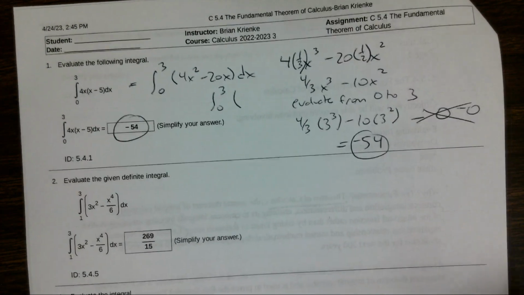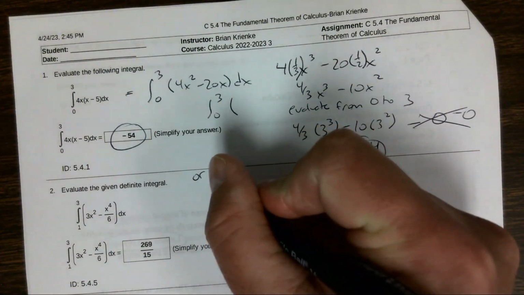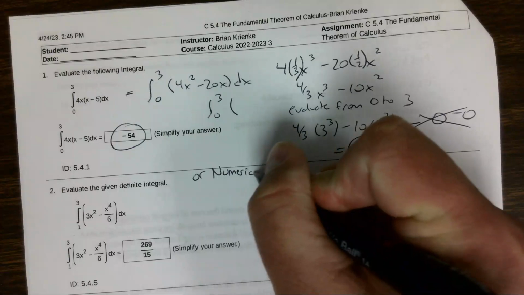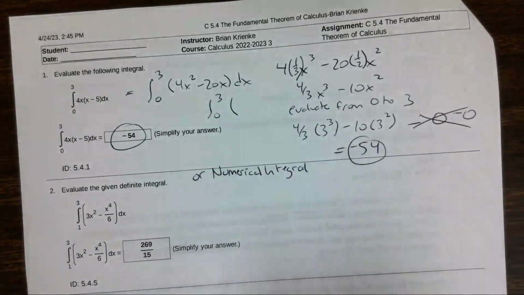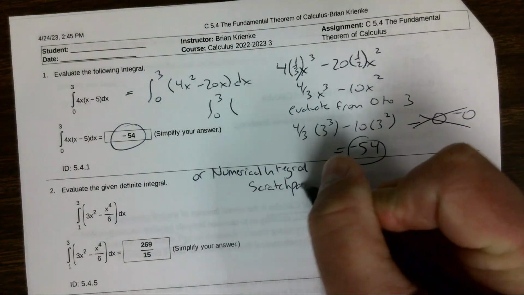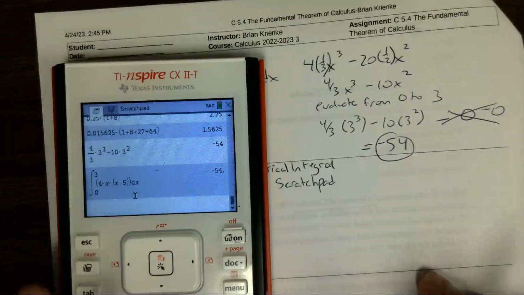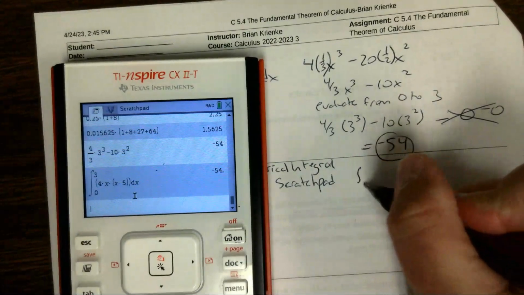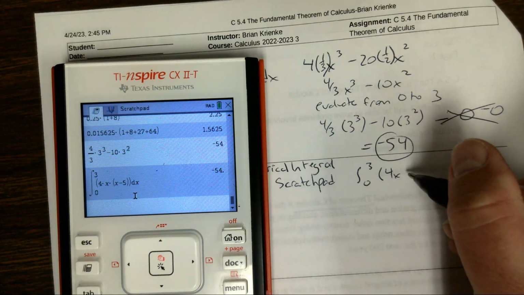So the other way to do this is like on the previous lesson, when you use numerical integral. So that's on the scratch pad. And you basically type it like the integral 0 to 3 of 4x.